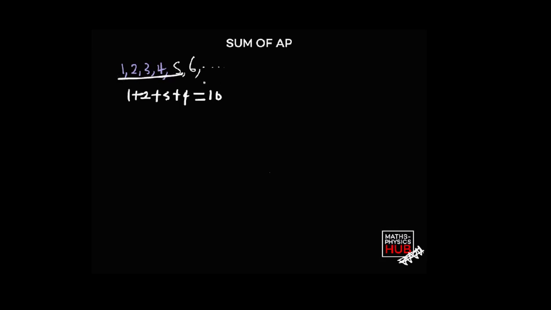But let me now tell you to find the sum of the first 100 terms of this sequence. That will be a bit difficult for you to do. You can't start writing from 1 to 100 and then 1 plus 2 plus 3 plus 4 plus 5. So for that reason, there is a need for us to generate something that will make this easy for us to do.